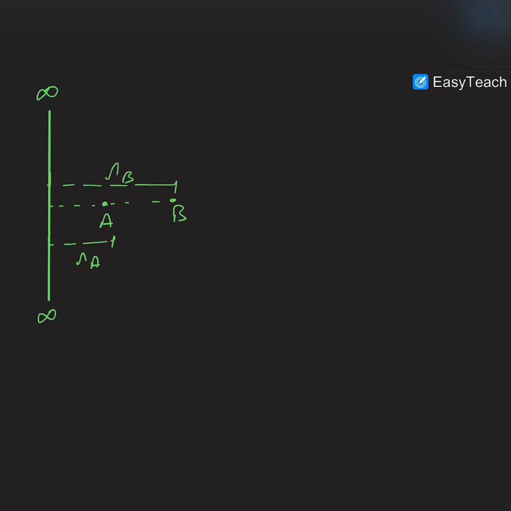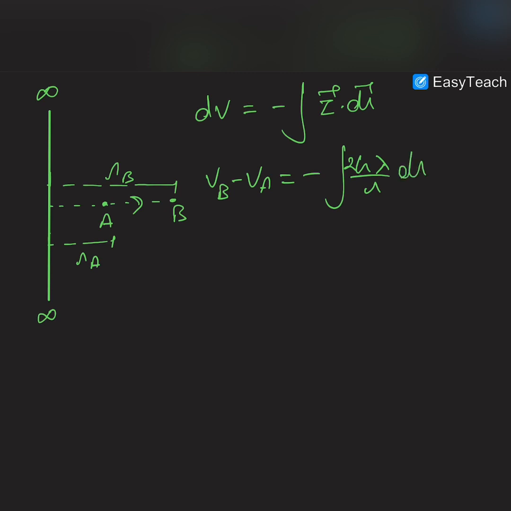So dV will be equal to minus integration I dot dr, and obviously I am moving from A to B, so dr would be from A to B and I would be from B to A. So dV is VB minus VA, and it is equal to minus integration of 2G lambda by r dr, and the angle is 180 degrees, therefore there would be a plus sign.